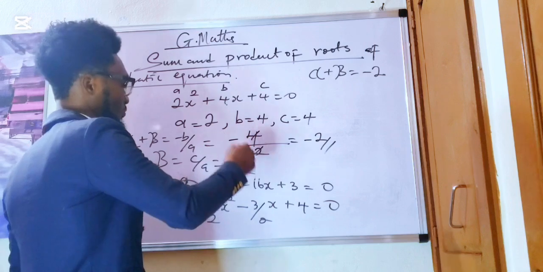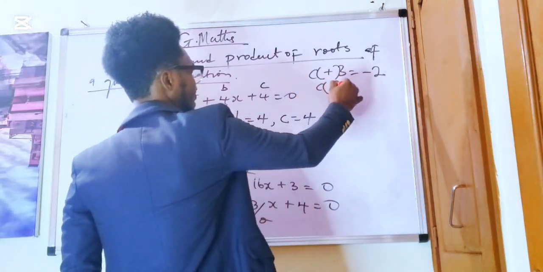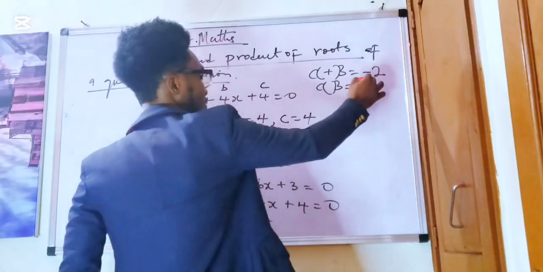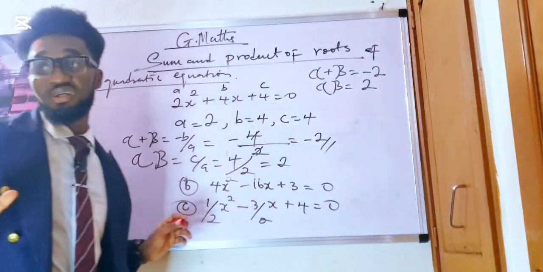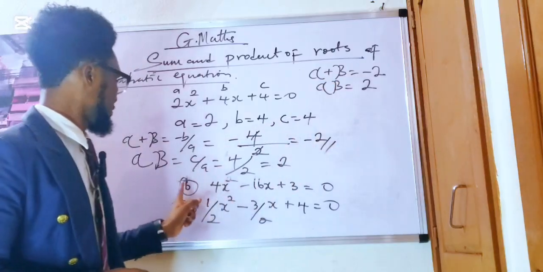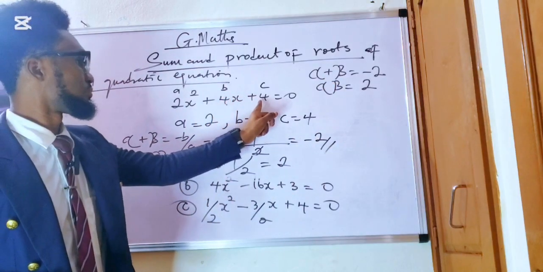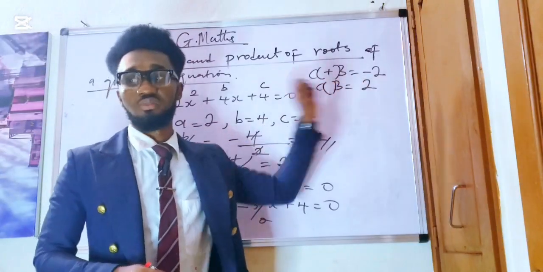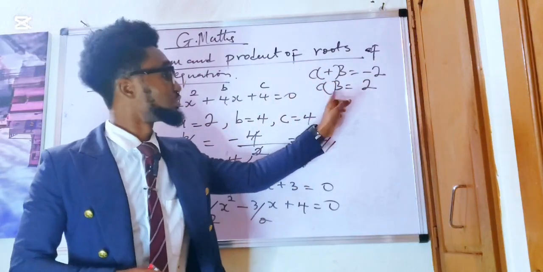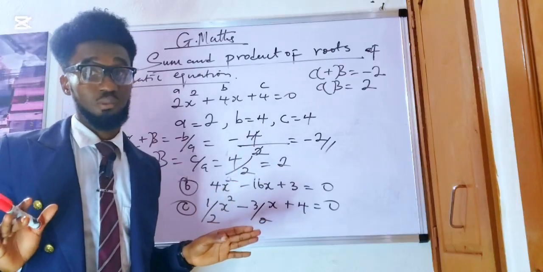So we have 4 over 2, which is 2. So the product of roots, alpha beta, is 2. In that case, we've determined the sum of roots of the first equation, 2x squared plus 4x plus 4, as minus 2, and the product of roots as 2. It's that simple. Very, very simple.